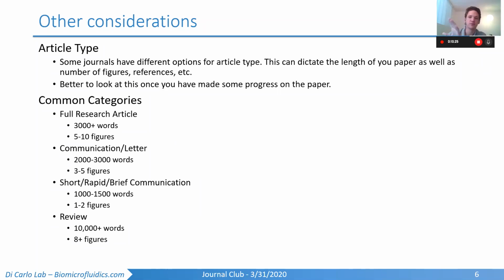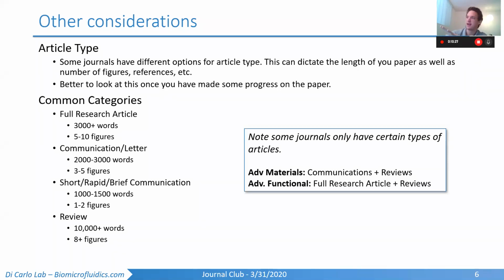For example, there are some journals that only have certain types of these categories. Advanced Materials only has communications and reviews. They don't have full-length articles. So if you have a ton of figures and a lot of work, and you write it all out, you might realize you have to condense it later to fit the template for the journal.